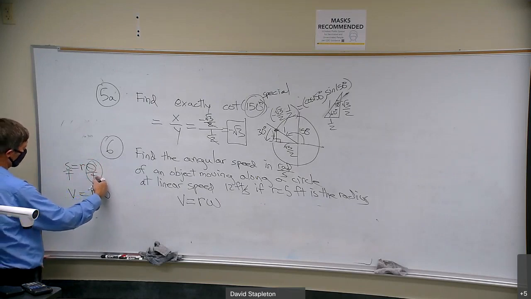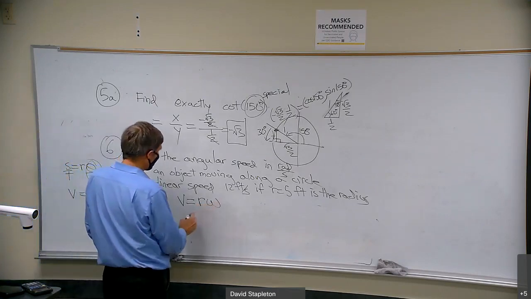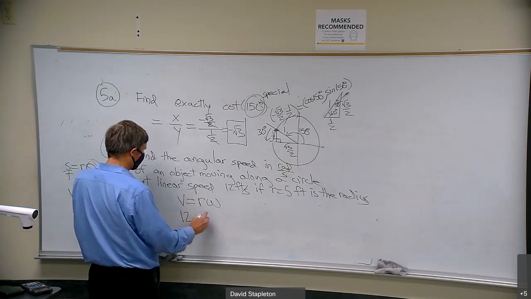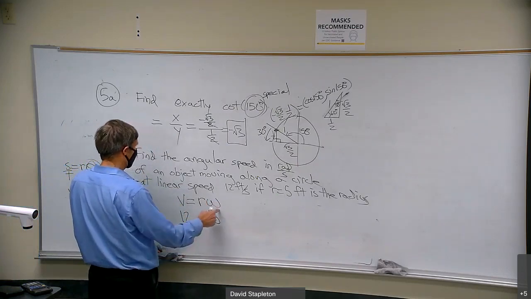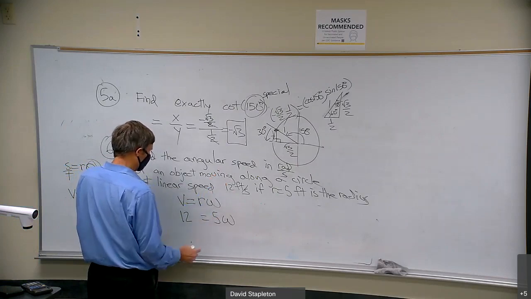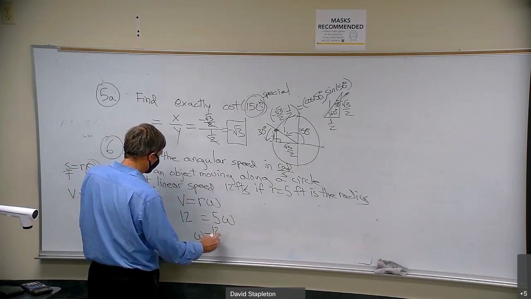Angular change per unit time is angular velocity. Distance per unit time is linear velocity, right? So we use this equation and put in the numbers. It says the linear speed is 12 feet per second. The radius is 5 feet. And the angular velocity is what we're trying to find. That's easy. Divide by 5, and you get omega equals 12 fifths. 12 fifths what?